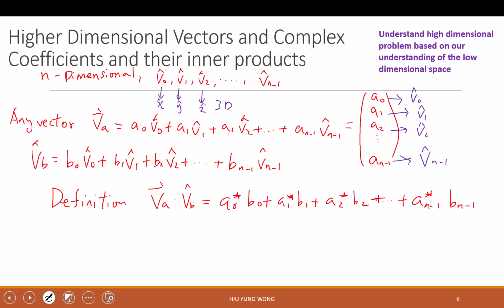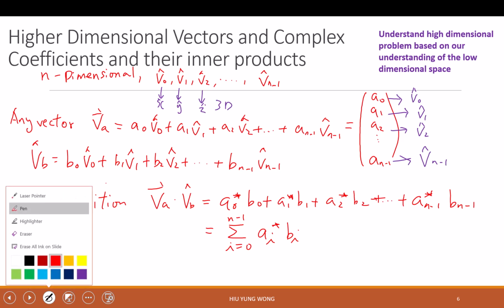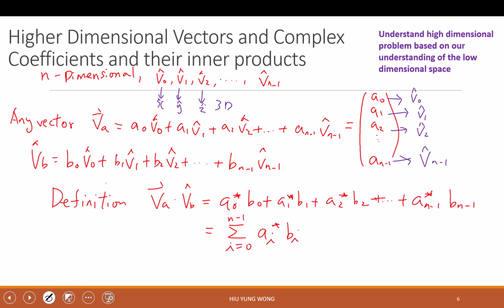Now you get confused, right? But let me write it in a compact form first. This equals the summation, i equals 0 to N minus 1, of A_i star B_i. So first of all, let's review. What is the meaning of star? Anyone know what the meaning of star is?